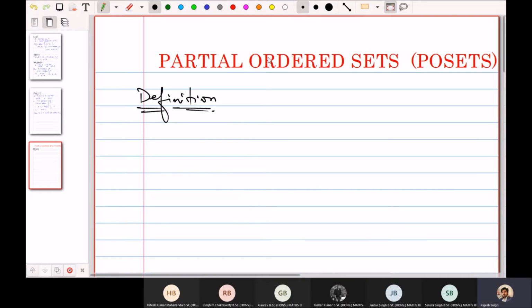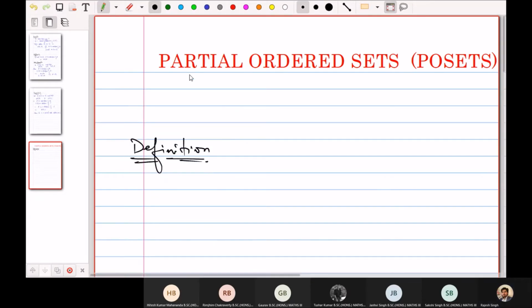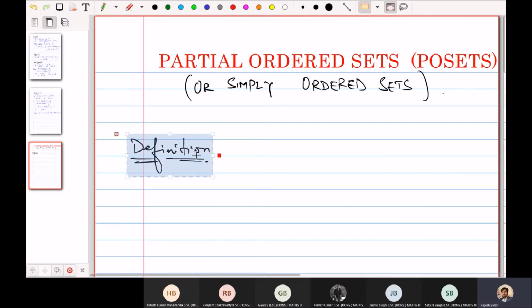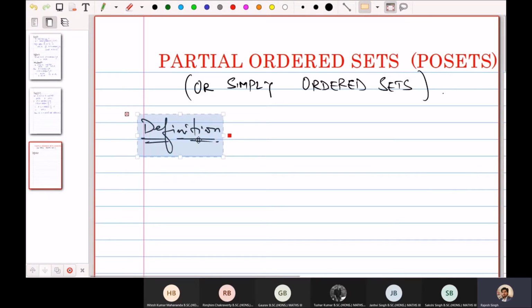They are also called ordered sets, or simply ordered sets, because some books use ordered sets and some books write partial ordered sets. Okay, but we will call it partial ordered sets or posets.